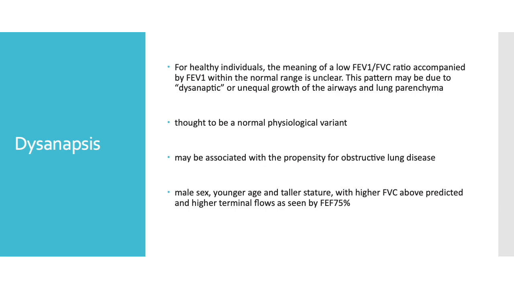So this patient's forced vital capacity is normal, this patient's FEV1 is normal, but this patient's ratio is reduced. In such cases, the problem may actually be an unequal lung growth, unequal growth of airway and parenchyma. So there may be a high forced vital capacity but a lower residual volume.